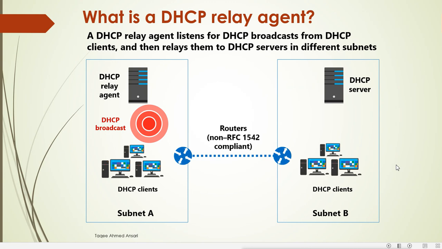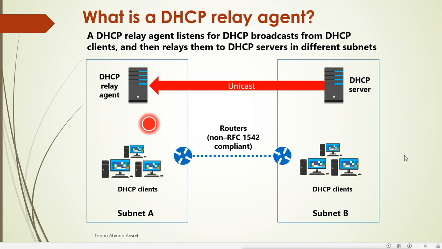It will send it as a unicast to subnet B, and when it reaches subnet B, it reaches the DHCP server as a unicast. Now the DHCP server will respond with the offer, and that will also go as a unicast, not as a broadcast, to the DHCP relay agent. And then the relay agent will do the broadcast to send the offer to the clients. So the whole process works like this.